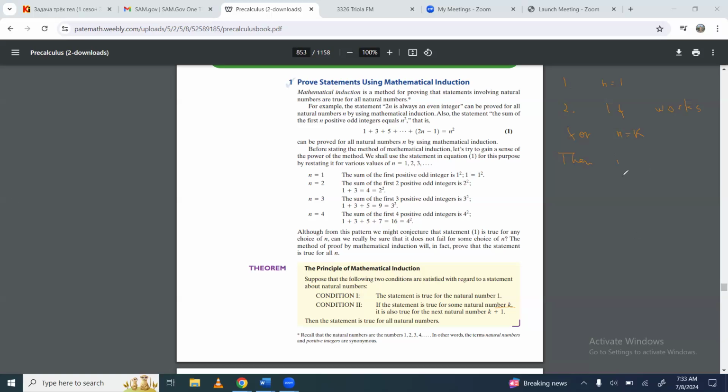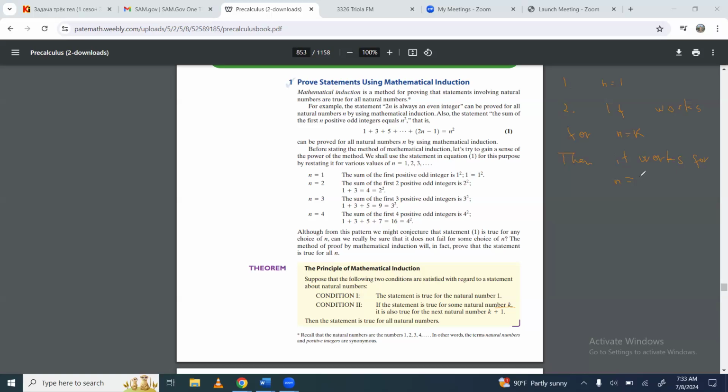Sometimes people wonder why this is true. Then it works. It seems to be obvious, right? If it works for the first element, then it works for K plus 1, which is 1 plus 1, the second element.